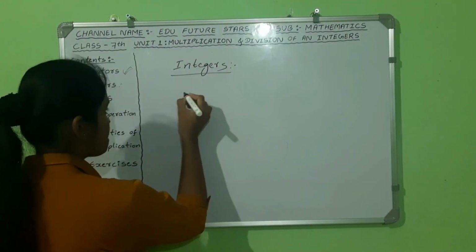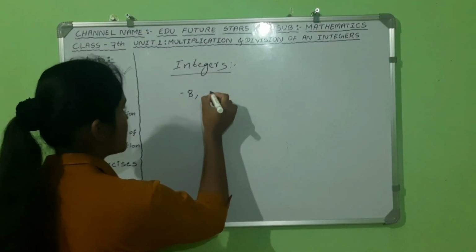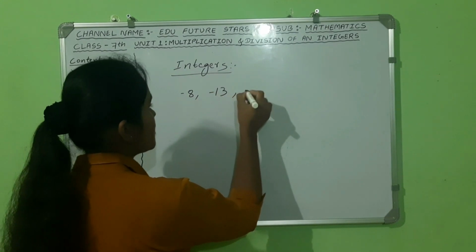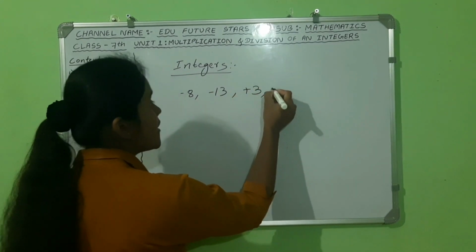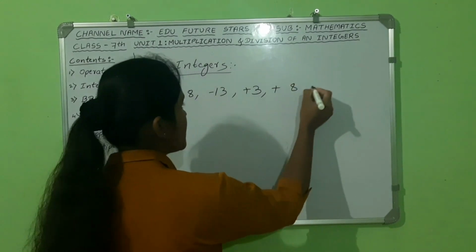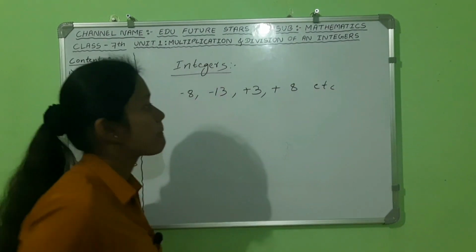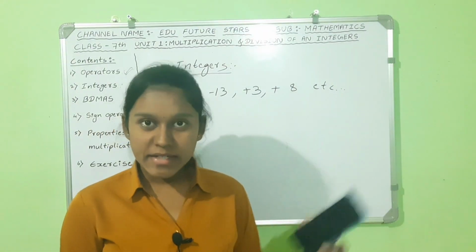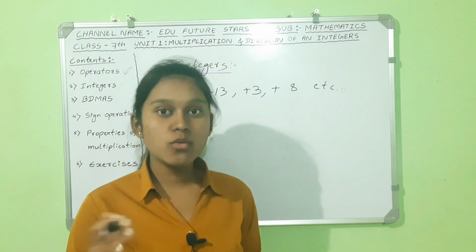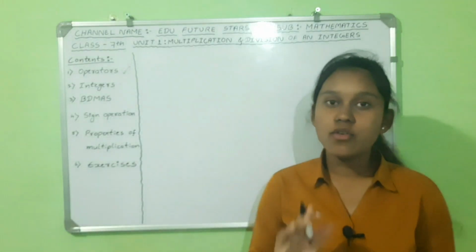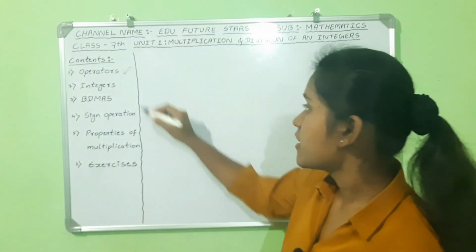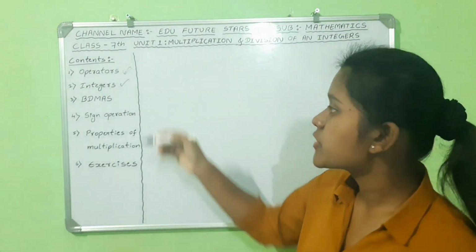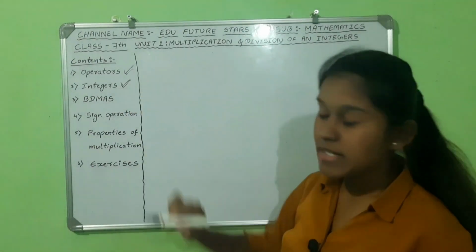For example, -8, -13, +3, +8, etc. So integers are basically positive and negative numbers. Now you all are clear about integers. We finished operators and integers.